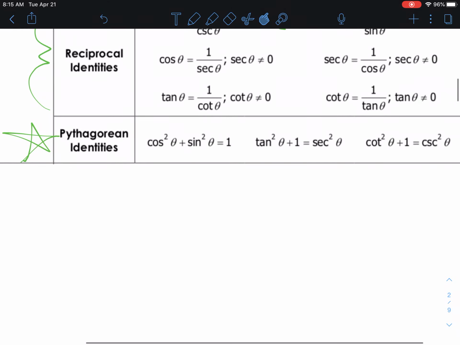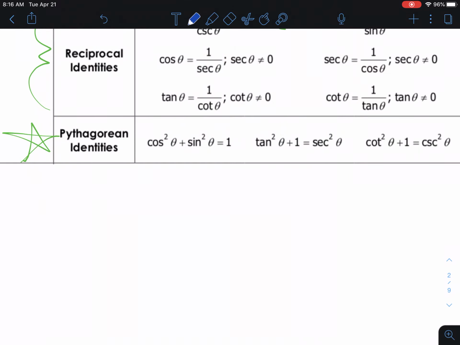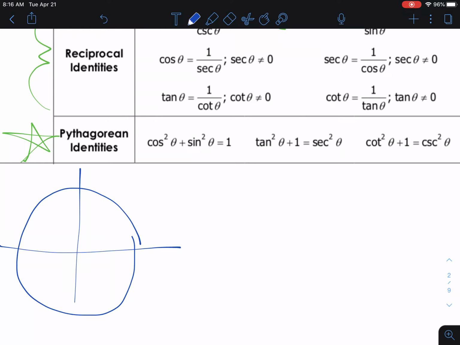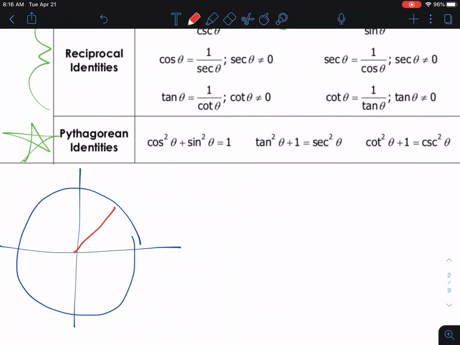Okay, so if you recall, I'm going to draw a unit circle here. In the unit circle, say I have a right triangle. This would be my x then. This is the height, so that's y.